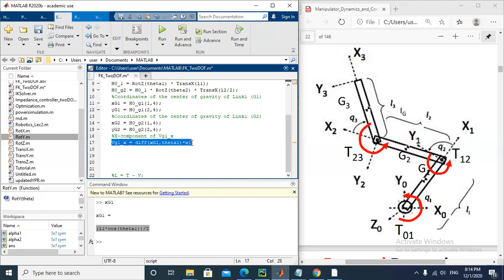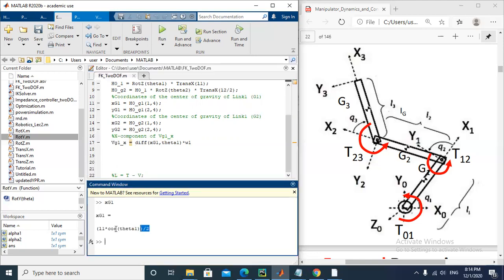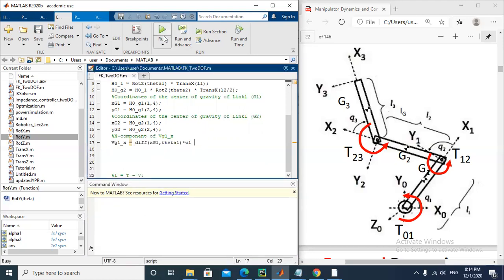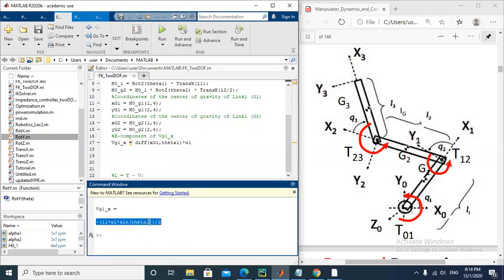Because when you take the derivative of this multivariable function, remember, you take the partial derivative and then you have to multiply by d theta 1 over dt. That is why we do that. So there you go, this is your velocity: minus L1 sin theta 1 times theta 1 prime, which is omega 1.